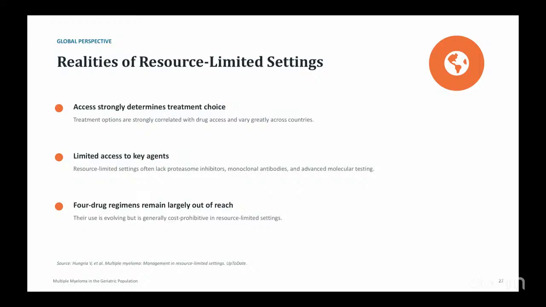High-cost medications, such as the newer four-drug regimens, frequently are limited by availability, and their high cost sometimes limits the patients from being able to get them. So evidence-based medicine has to be flexible when it comes to these specific resource-related problems, with an ultimate goal of delivering the best possible treatment within the bounds of what's truly available to the patient.